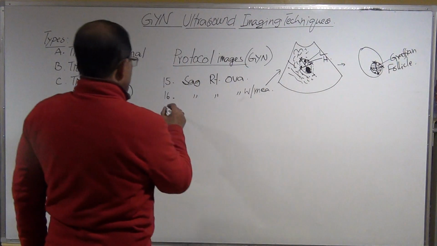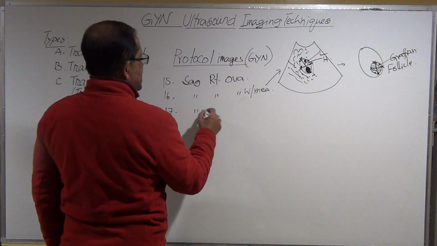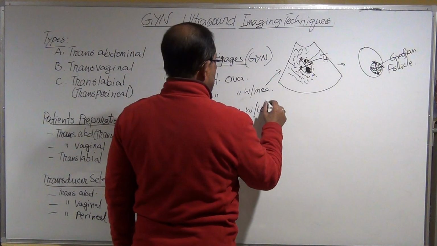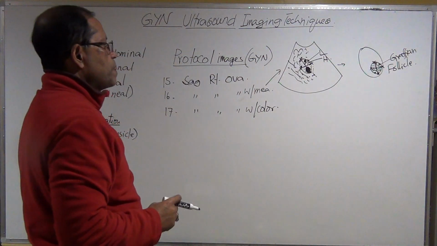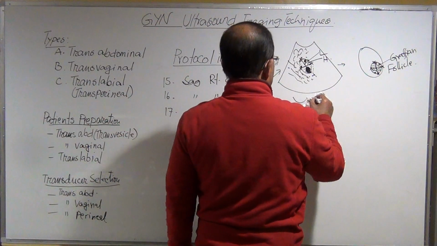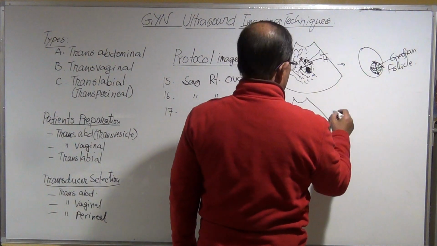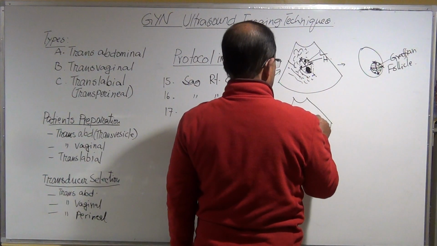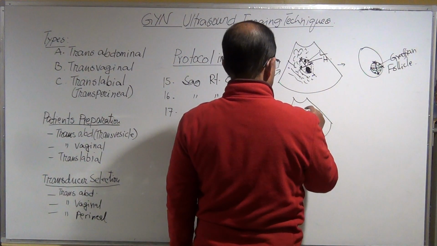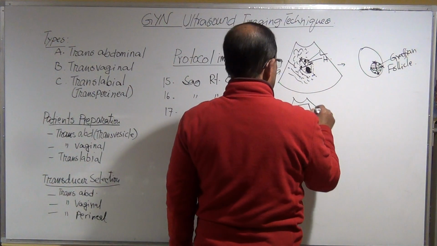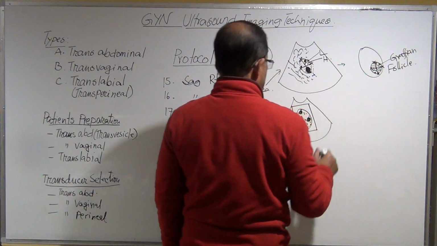Now 17 says right ovary with color. Same picture, you get the ovary, now you need to put the color on.